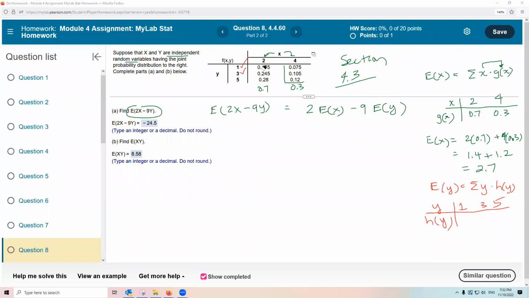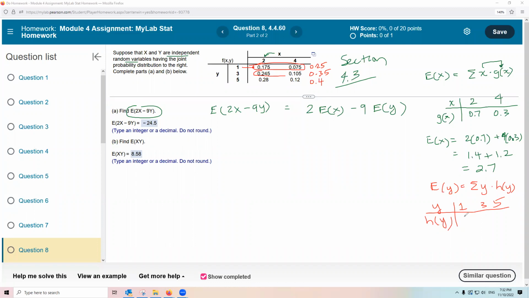Let me erase some of this stuff. So I'm going to be adding straight across and adding these two probabilities together. If I do that, I think I'm getting 0.25 going across here, 0.35 for this row, and if I add across for the last row, 0.4.